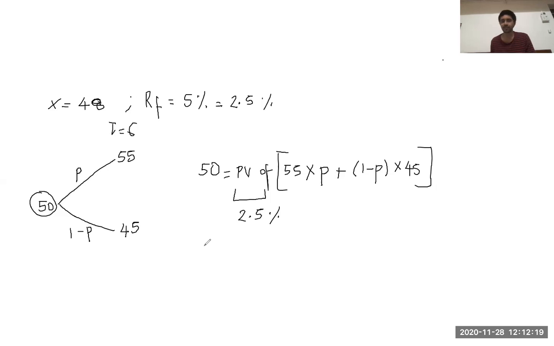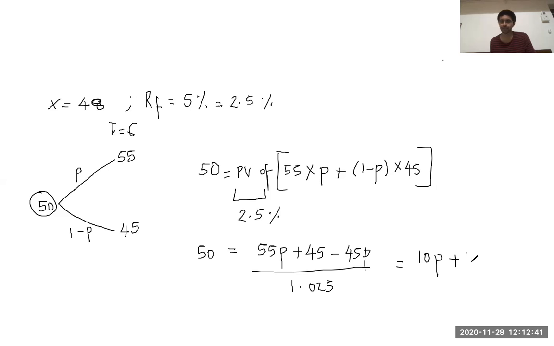It's going to be 50 is equal to 55P plus 45 minus 45P, the whole divided by 1.025, which is nothing but 10P plus 45, the whole divided by 1.025.